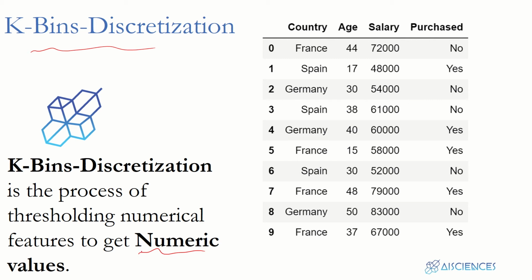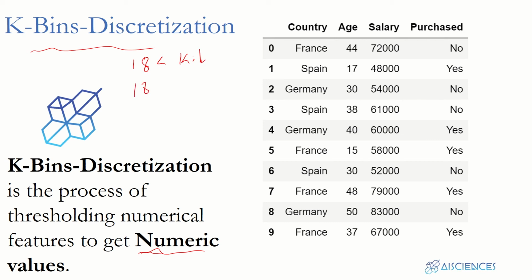What do we mean by numeric values? Let's say you have to convert your age data into 3 categories. Let's say the first category is anyone who is less than 18 would be kid, right?